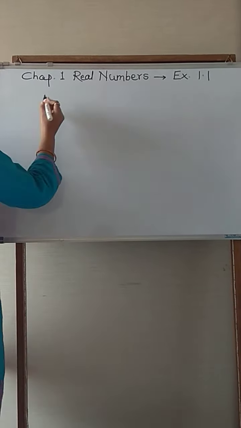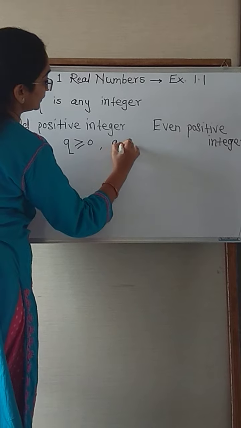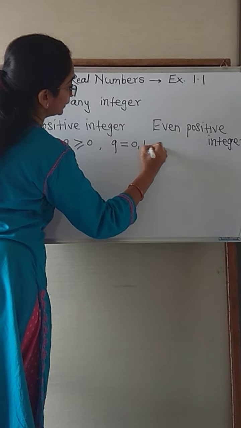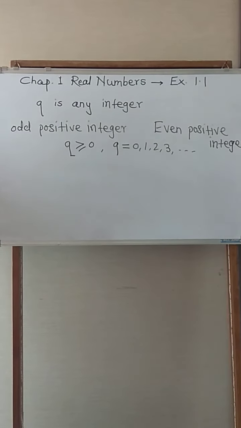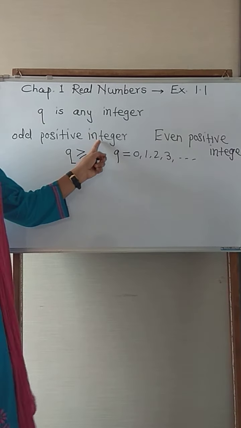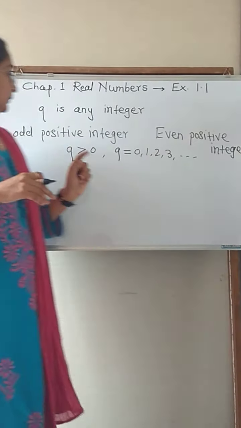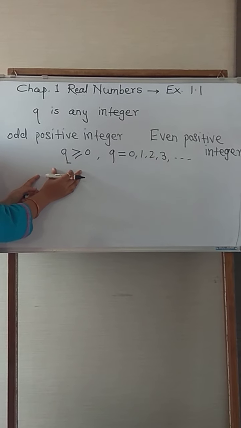Here I have not mentioned positive because here we have to consider q as greater than or equal to 0, that is q = 0, 1, 2, 3 and so on. Now for the odd positive integer and even positive integer, q is any positive integer.